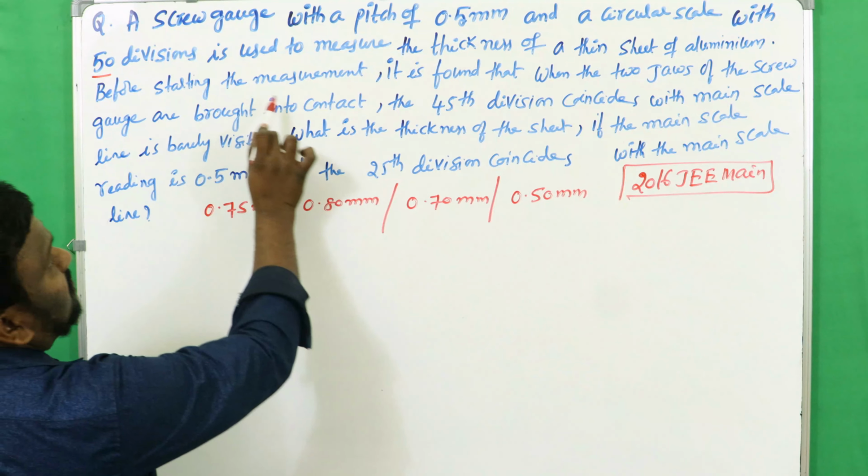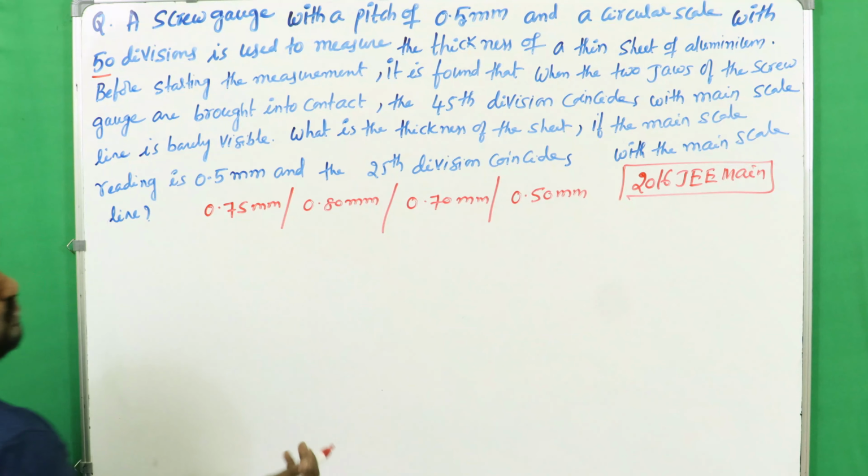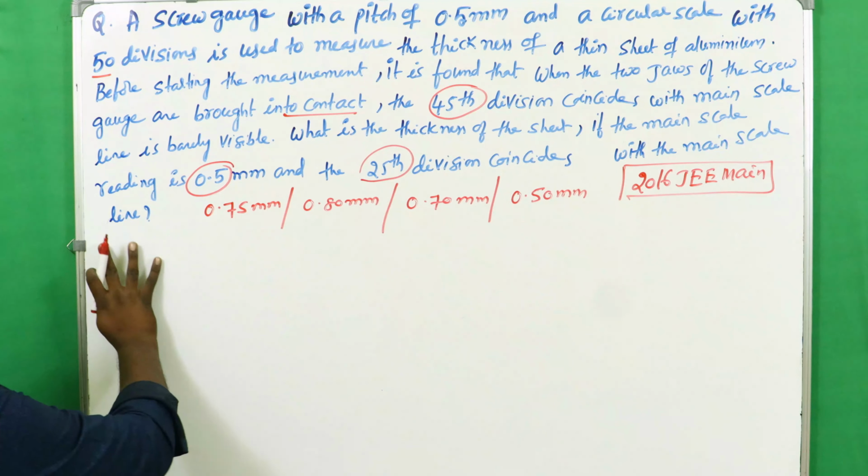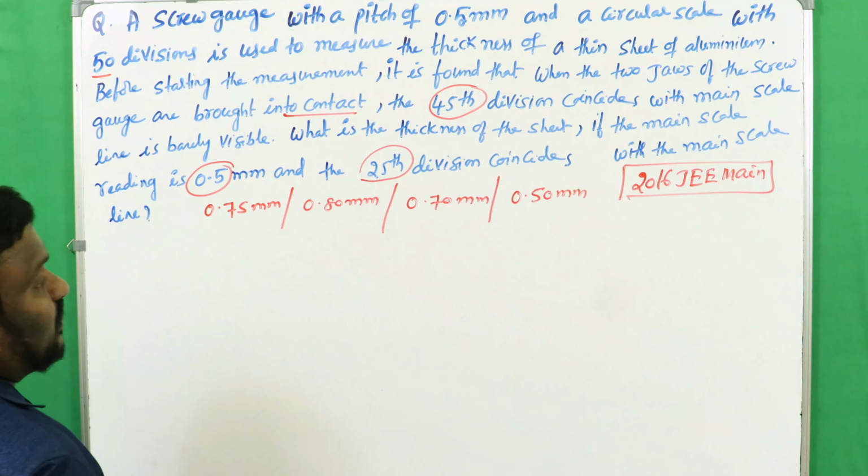Before starting the measurement, it is found that when the two jaws of the screw gauge are brought into contact, the 45th division coincides with the main scale line, barely visible. What is the thickness of the sheet if the main scale reading is 0.5 millimeters and the 25th division coincides with the main scale line?